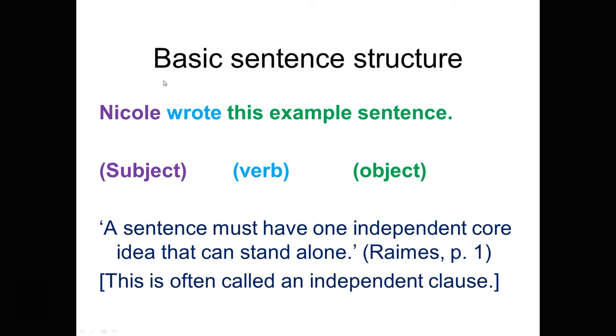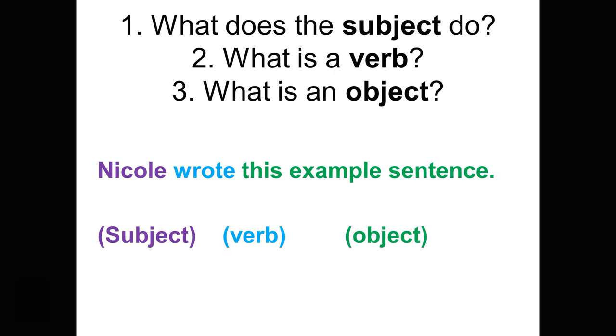The idea of this is that there's always something that is being talked about. In this case, it's Nicole. A verb is a doing word, so there's some action that's being produced here, and there's an object that's actually being discussed as well. So what does the subject do? What is a verb?